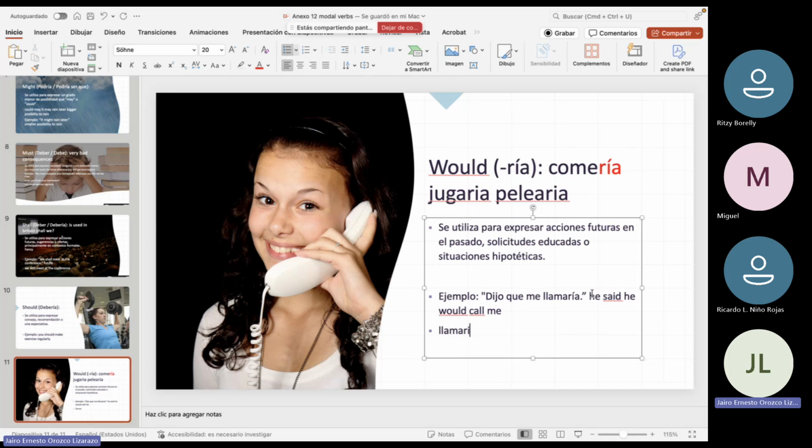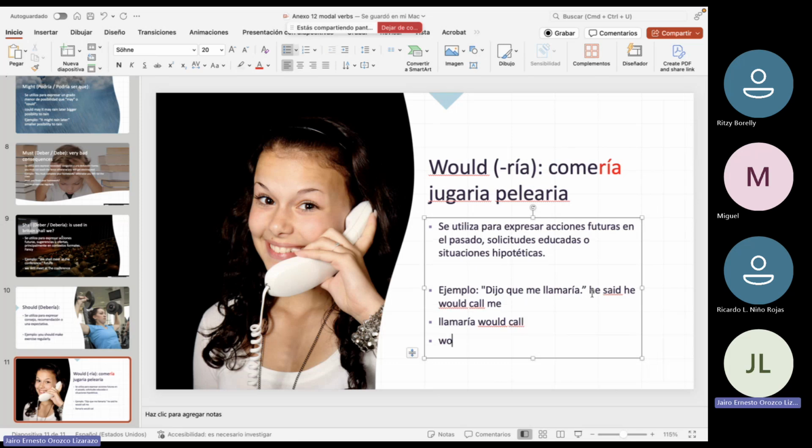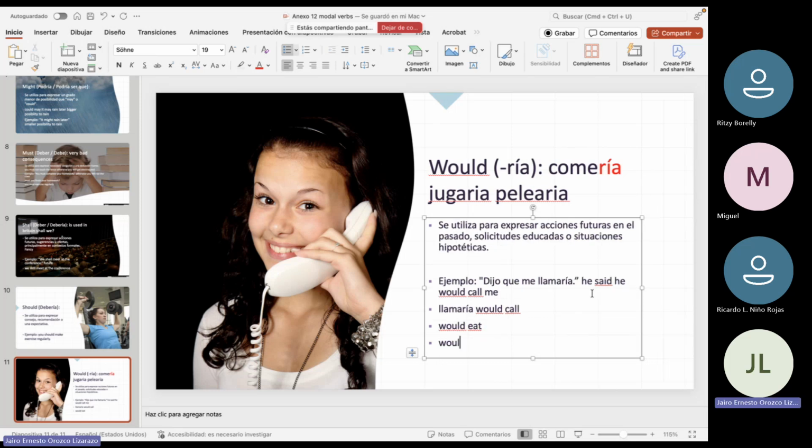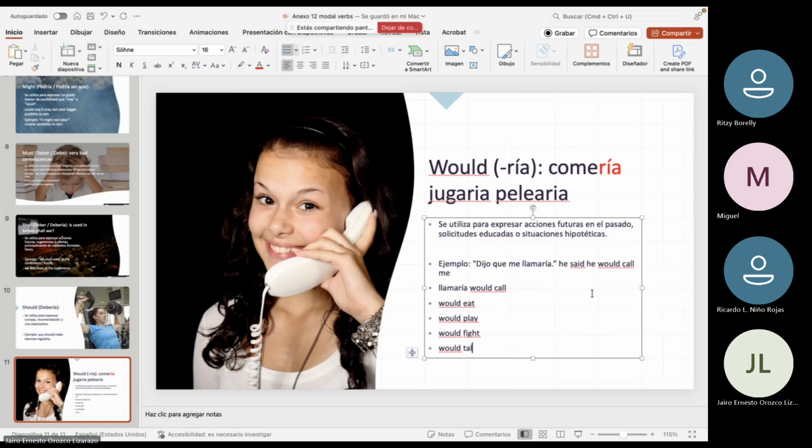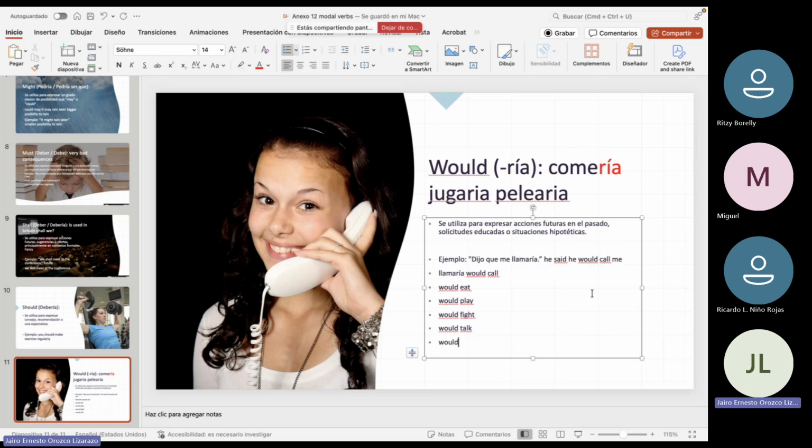Entonces, llamaría, would call. Comería, would eat. Jugaría, would play. Pelearía, would fight. Hablaría, would talk. Nadaría, would swim, etc.